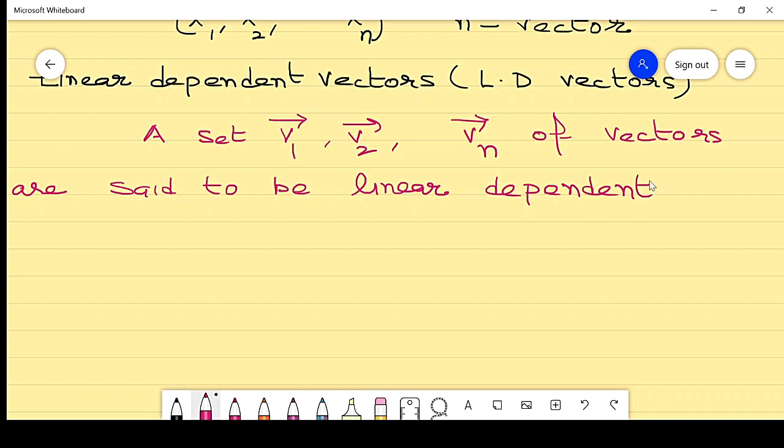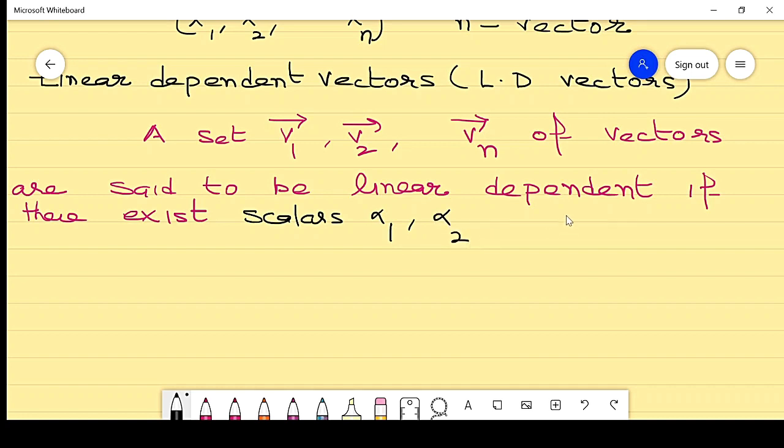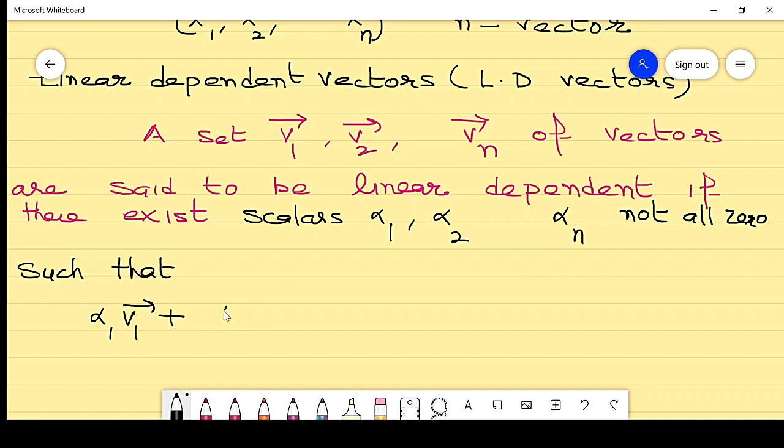Remember that. This is said to be linear dependent if there exist scalars, meaning numbers, scalars alpha 1, alpha 2, alpha n, not all zero, such that alpha 1 V1 vector plus alpha 2 V2 vector plus and so on plus alpha n Vn vector is equal to 0.